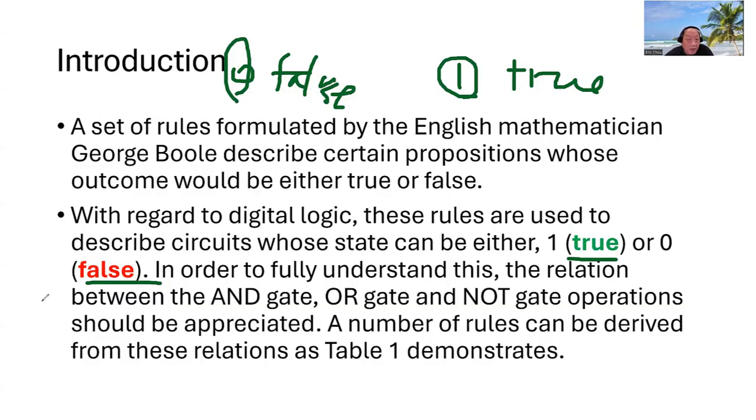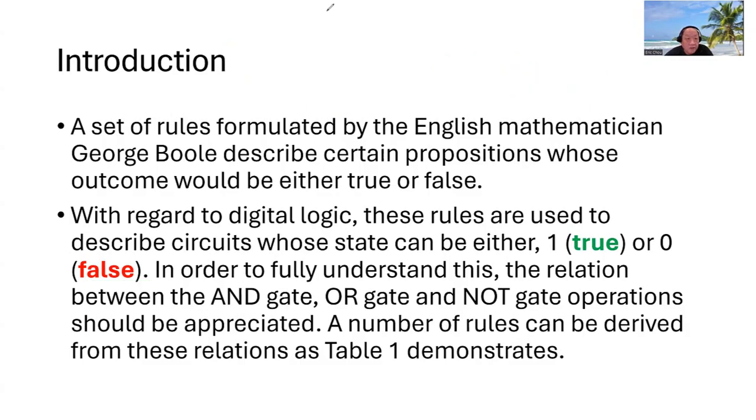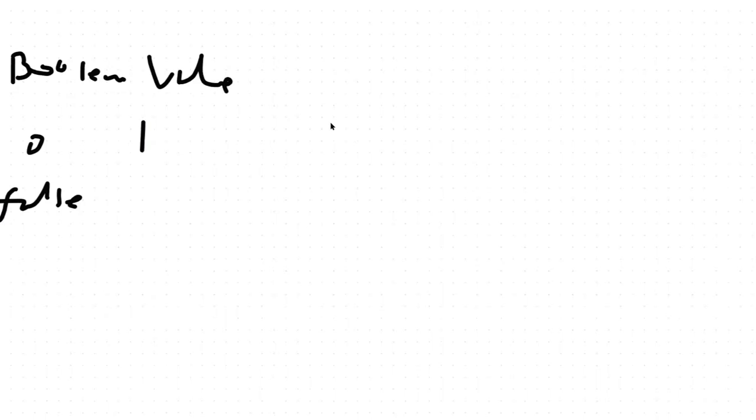Okay, and then let's use the whiteboard. So the Boolean value, you have 0 or 1. Okay, Boolean value, you have 0 or 1, and sometimes we call it false and true.